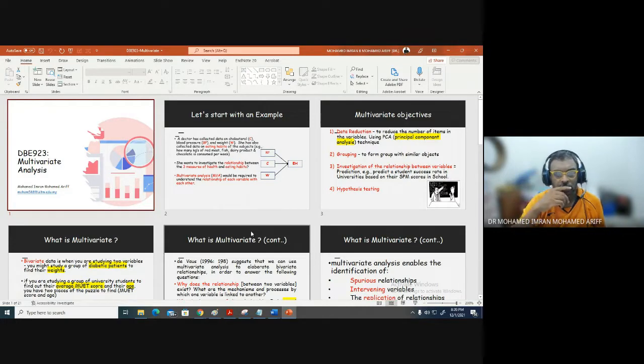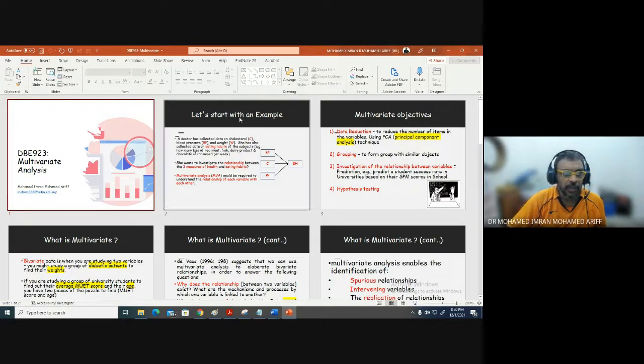Okay. So we are going to start with an example first to get you to understand what we are looking at in multivariate. In multivariate, we are trying to see a group of variables, beberapa variable yang connected.